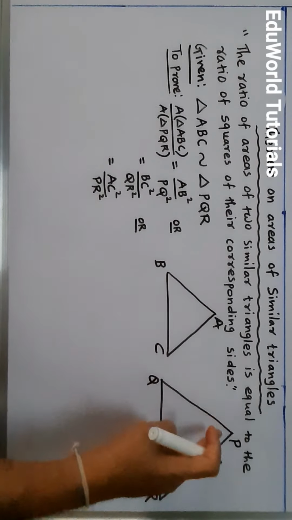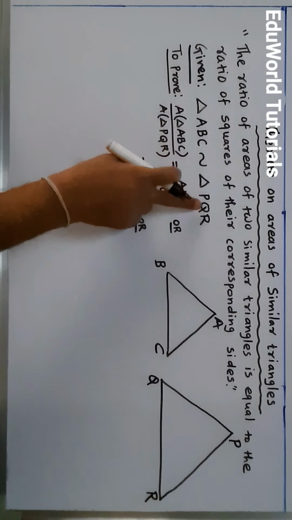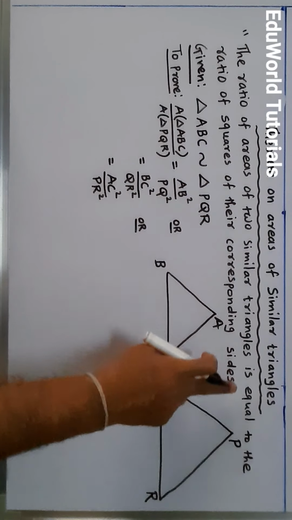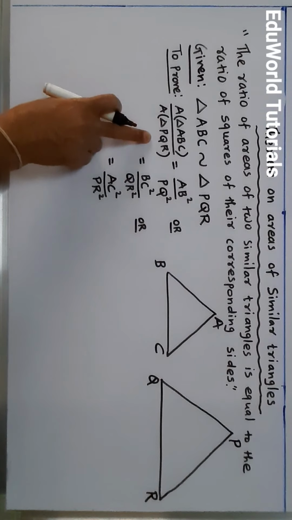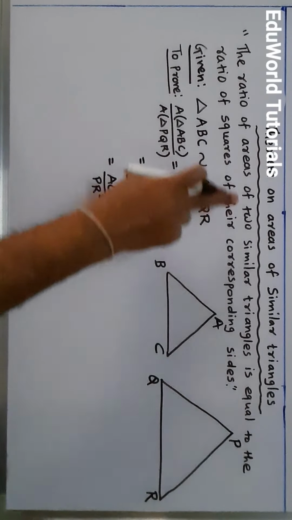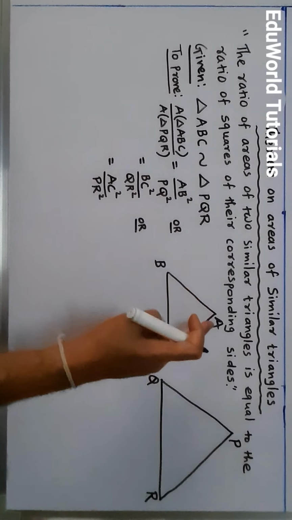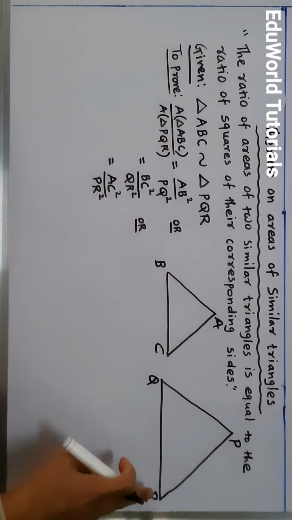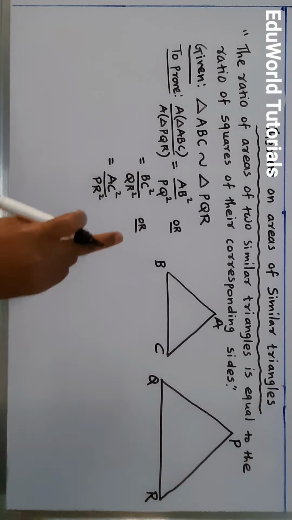Given: triangle ABC is similar to triangle PQR. We have to prove that the ratio of the areas of the two similar triangles, area of triangle ABC upon area of triangle PQR, is equal to the ratio of squares of their corresponding sides. AB and PQ are corresponding sides, BC and QR are corresponding sides, and AC and PR are corresponding sides.